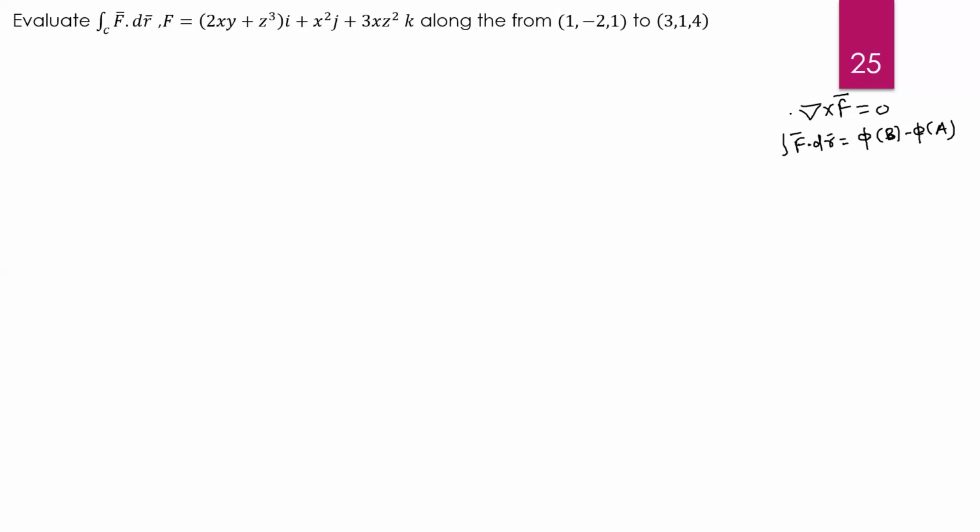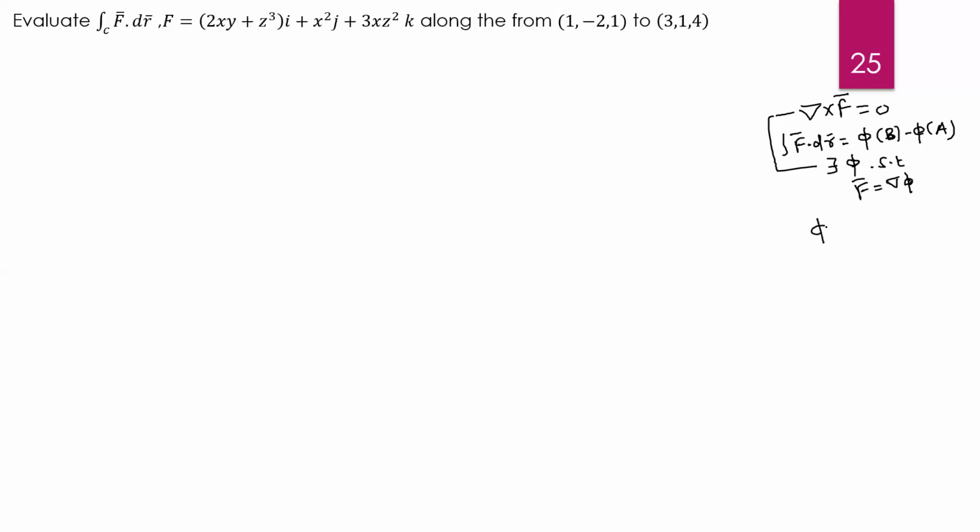We know that if f bar is conservative, then there exists a scalar potential function phi such that f bar is equal to gradient of phi. Then we find this phi using the total derivative formula.